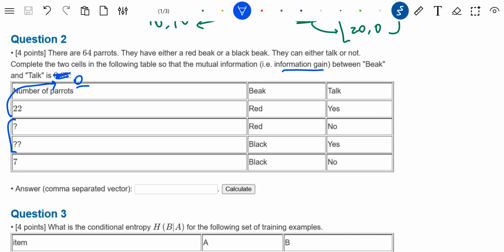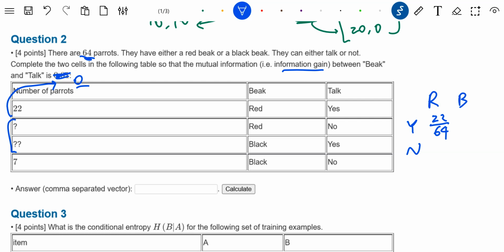But in any case, here we have red and black, and talk is yes and no. So the probability of yes and red is 22 over 46. There are 46 in total.